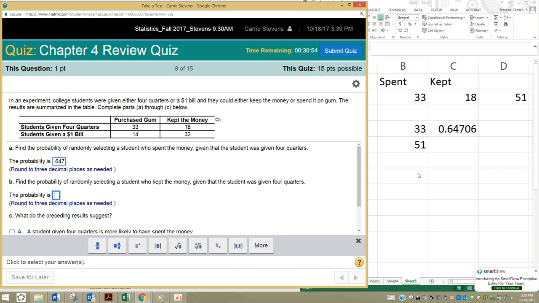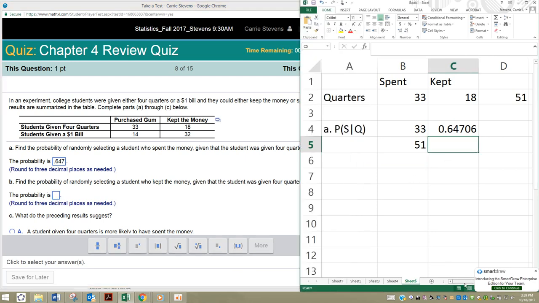Here, we want the probability that the student kept the money, given that the student had received 4 quarters. So B is the other way around, now they kept the money.